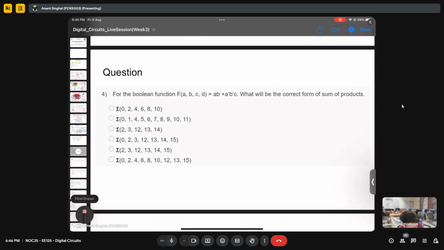Sum of products means summation only, like the min terms. This is very easy. If you just make a K-map and mark all the ones, those will be the min terms. Just try it out and let me know the answers in the chat box quickly.